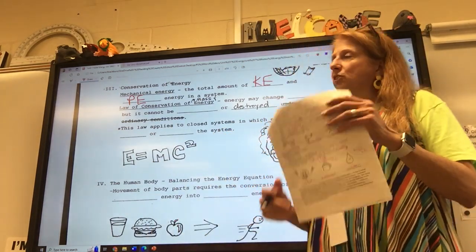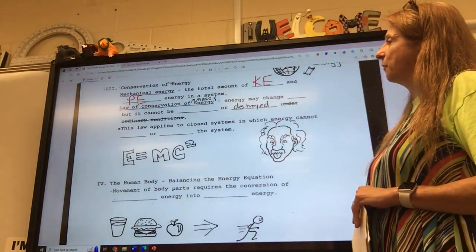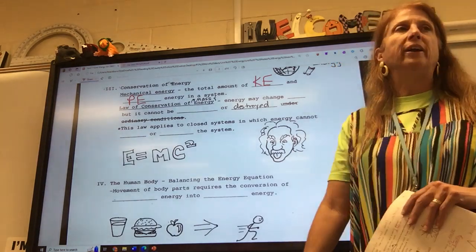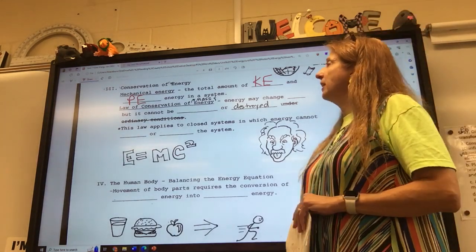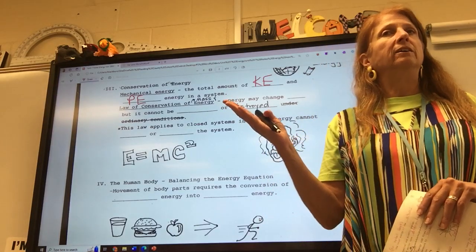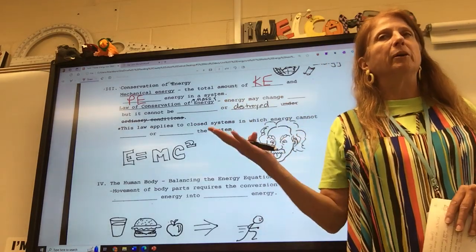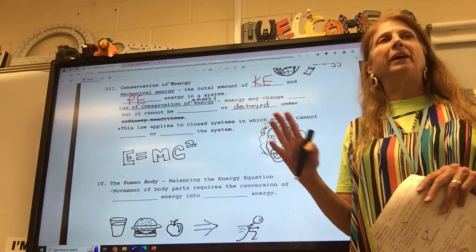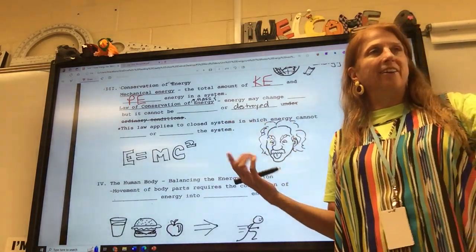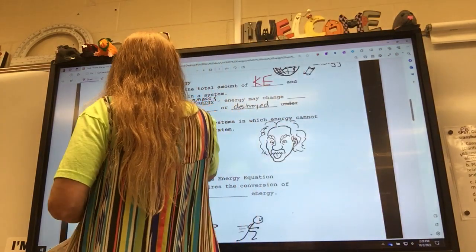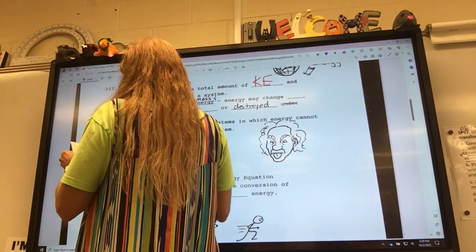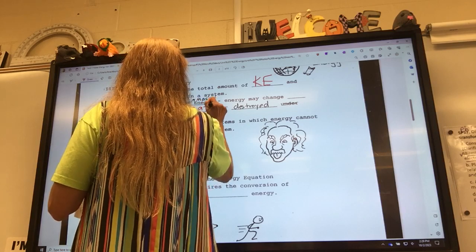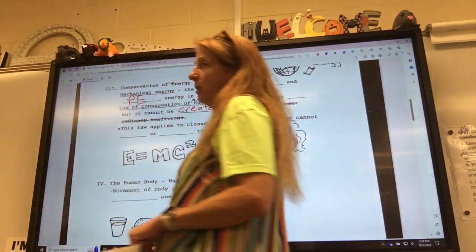The law of conservation of mass and energy you already know. Matter and energy can neither be created or destroyed, yes. And remember, we already know that with matter, and it applies to energy too.